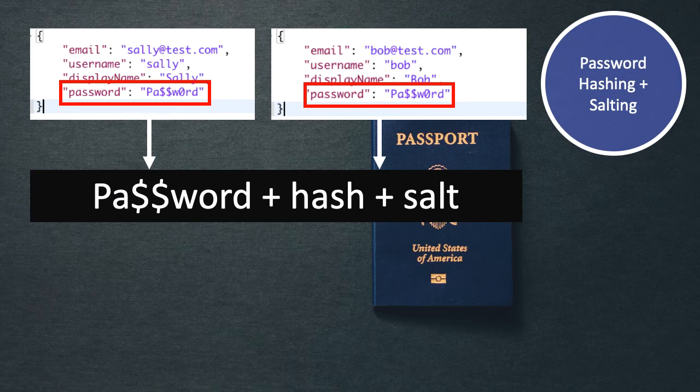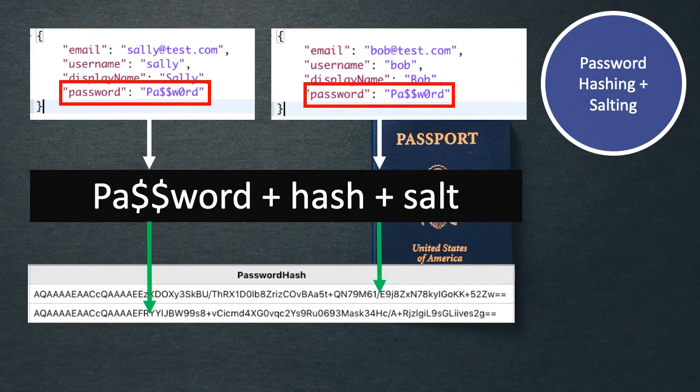And what this will give us as a result, if it takes the same particular password and applies a hash and a salt to it, then both of these passwords are going to be stored as a hashed version of the password, or a hashed and salted version of the password. And even though the passwords are identical, each user has a completely different password hash.